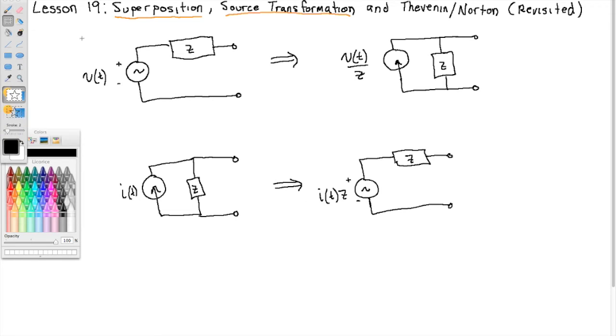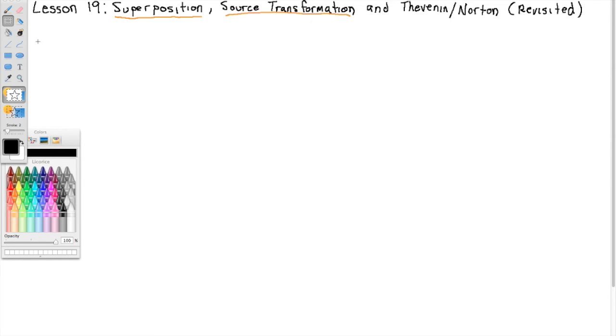Okay, let's look at an example of how we can apply source transformation to simplify a circuit. Let's say we start with a voltage source that is 20 angle negative 90 degrees volts, in series with 5 ohms. So there's our building block.